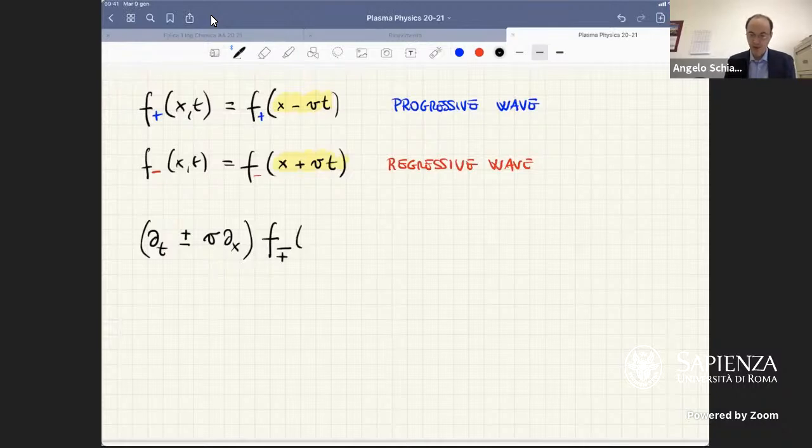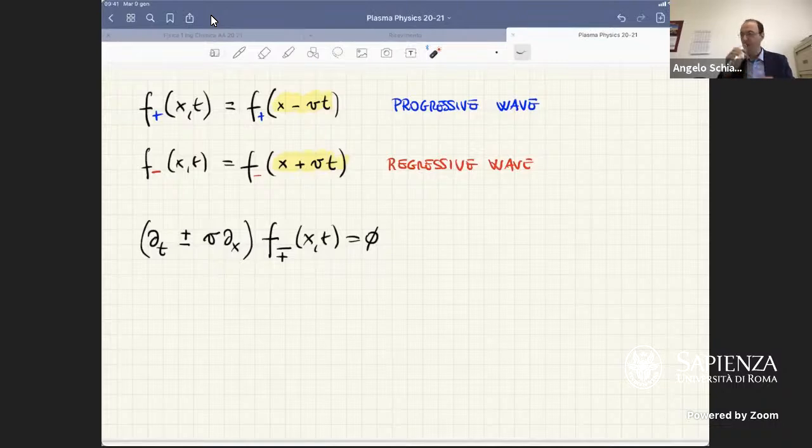It means that the regressive wave, the one with plus, is a solution of the differential operator dt minus v dx, whereas the progressive wave, the one with minus, is a solution of the other differential operator. Okay, the equation is linear, so we can use the superposition principle.